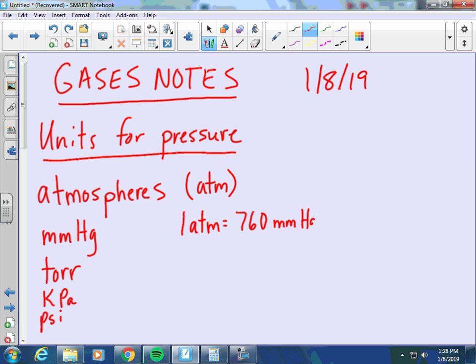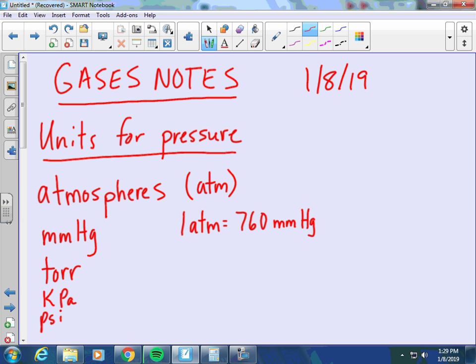You guys saw that video, remember, where they had the mercury in a tube, and when they flipped it over in that bowl of mercury, rather than all the mercury just rushing out of the tube, it stayed up in the tube. And that's because the pressure outside was pushing down on the mercury in the bowl, which was kind of counteracting the pull of gravity and any pressure that would have been inside the tube. And it sat at like 76 centimeters, which would be equivalent to 760 millimeters.